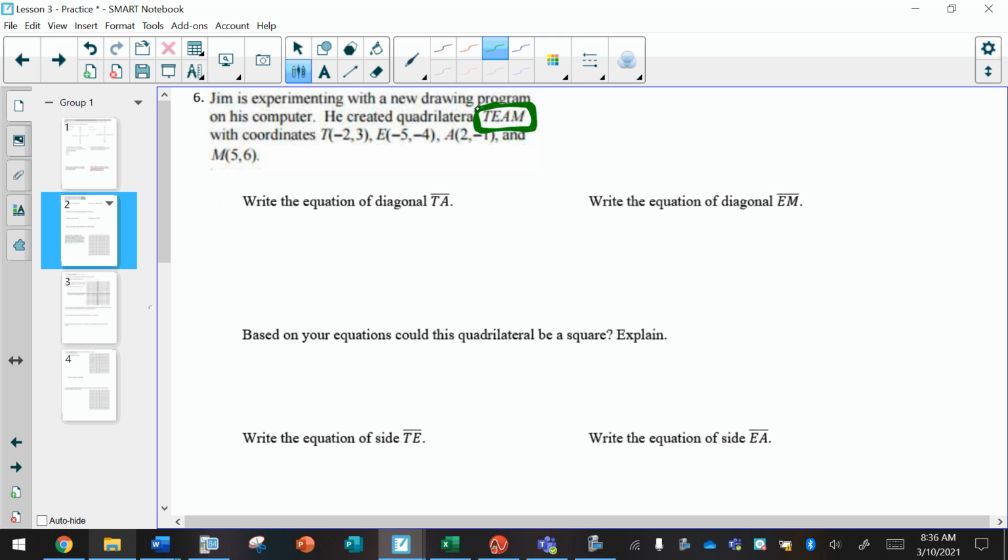So every other letter would be the opposite corners. So your diagonals will be TA and your other diagonal would be EM, which means the sides of your shape would be TE is a side, EA is a side, AM is a side, and MT is a side. And then you're going to go through and answer these questions and write some equations.